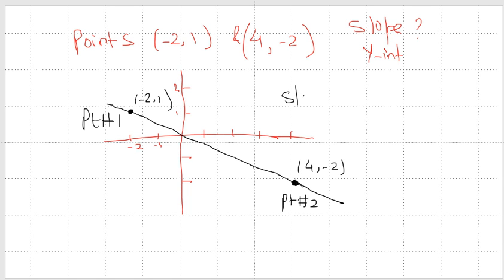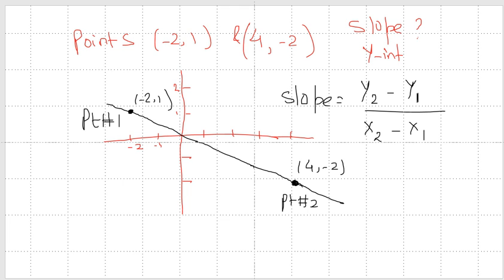So to find the slope, we take y2 minus y1, where y1 means the value of y for point number 1 and y2 the value of y for point number 2, divided by, in the same order, the value of x for point number 2 minus the value of x for point number 1.